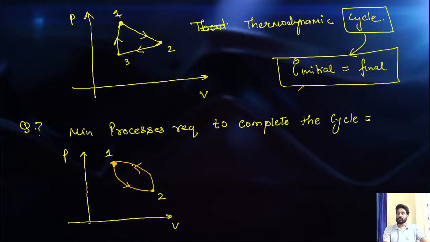This is also called a thermodynamic cycle. Yes or no? How many processes are required? 1 and 2. So there are 2 minimum. Two processes are required to complete a cycle. Is it clear to you now?